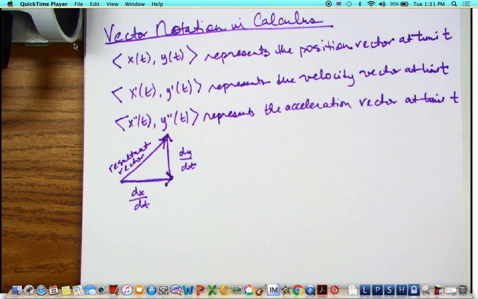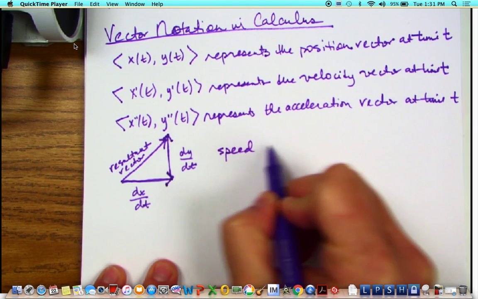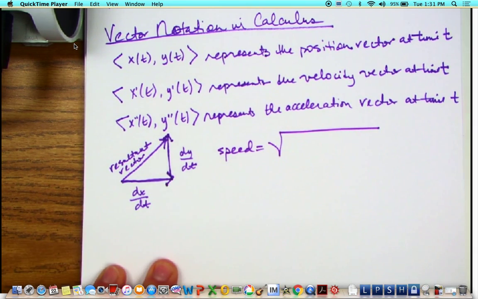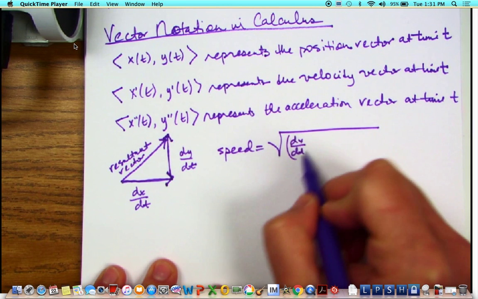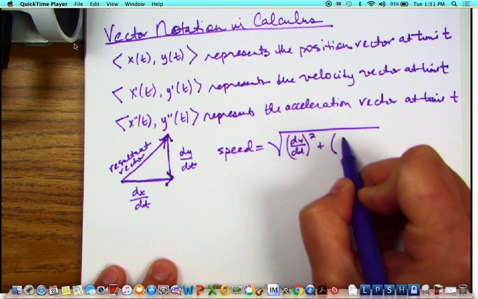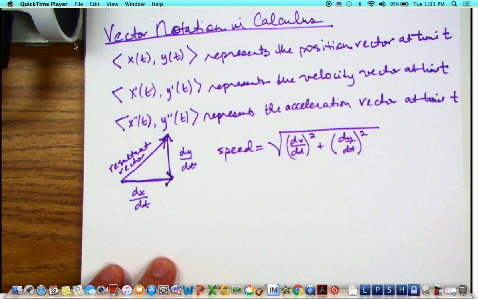The speed, right? Or velocity, I guess. The speed of it, right? So your speed would be the square root of dx/dt squared plus dy/dt squared.